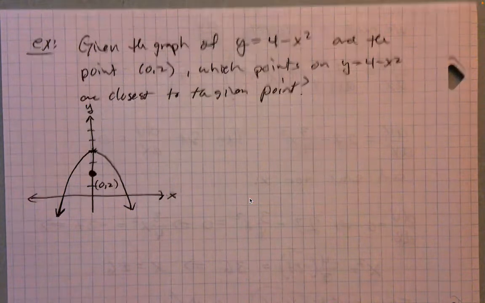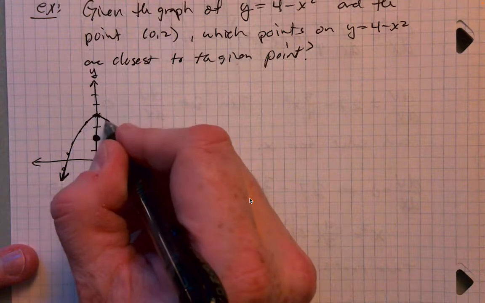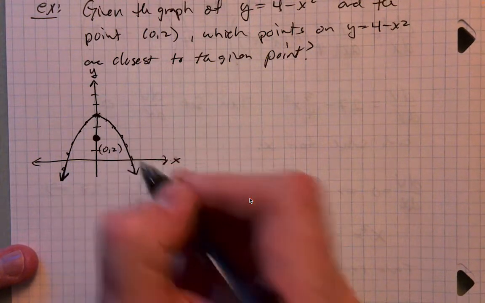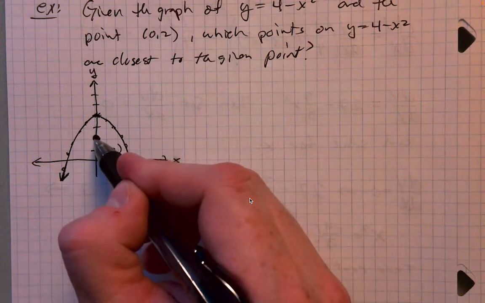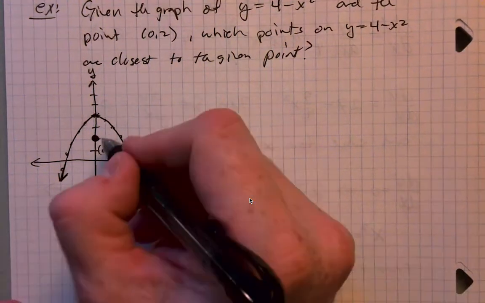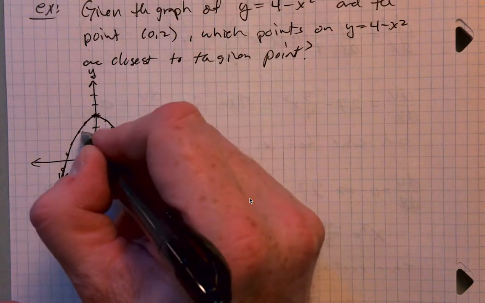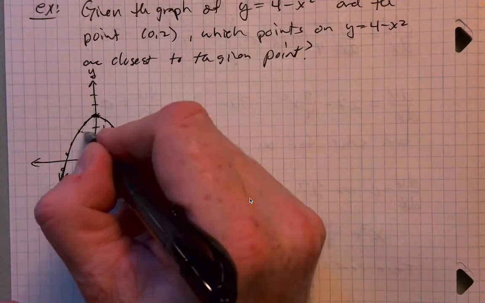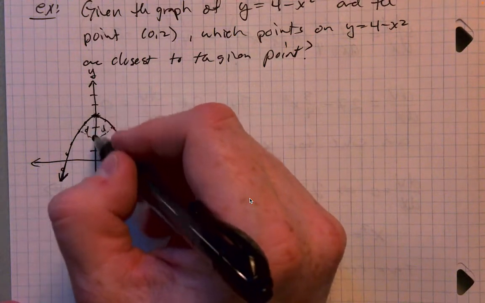So the question here is, obviously there's an infinite number of points on this function. Which point, or points, as the case may be, are closest to this point? So you might intuitively say, based on the way you've drawn this, maybe it's one of those 2 points. Or maybe it's not the top point.